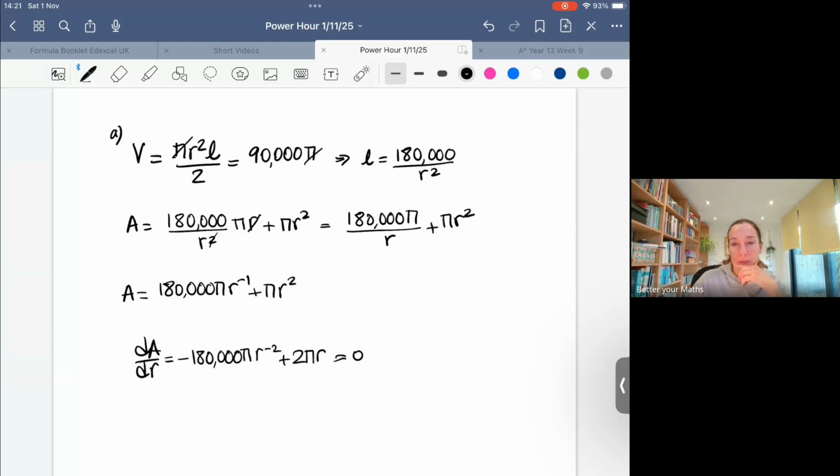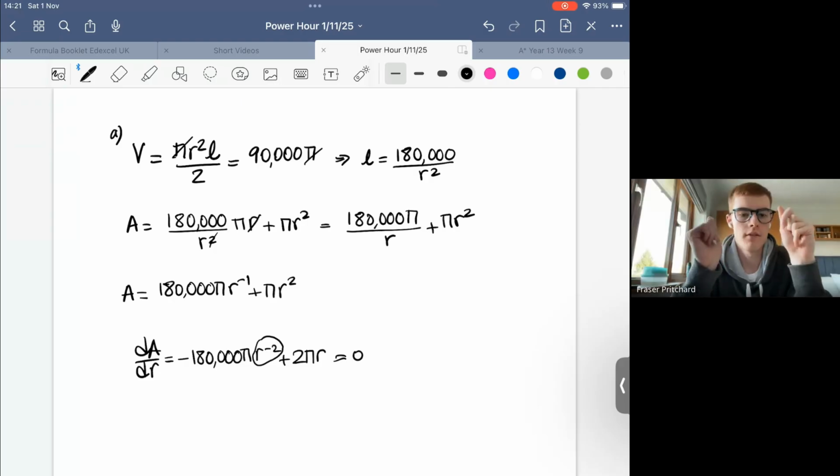How can I solve that equation? Because it looks difficult or strange. What is going to help me to solve that equation? Come on, those who have been with me for a while. What is helpful to do with that equation to solve it? Fraser, would you write that back as a fraction?